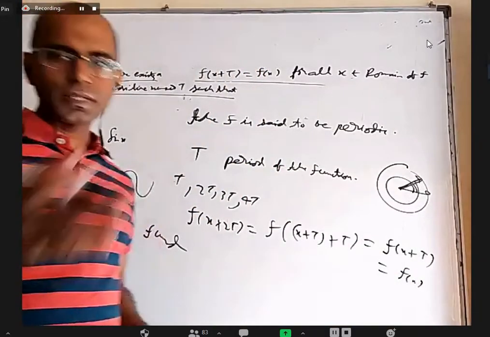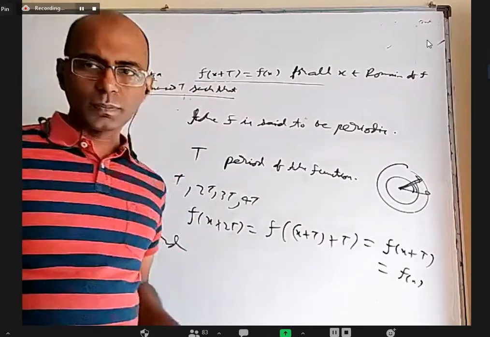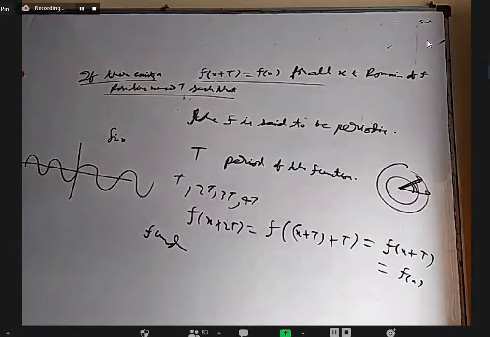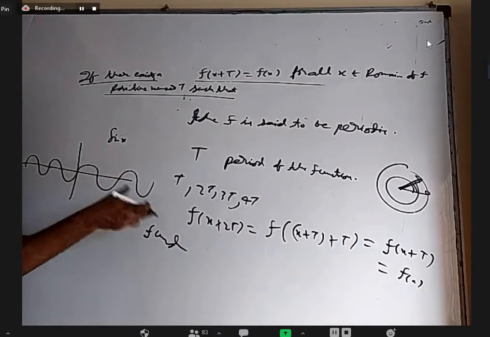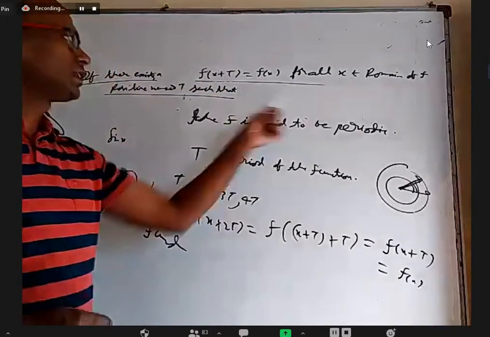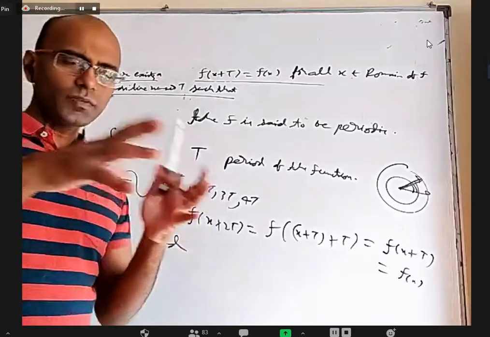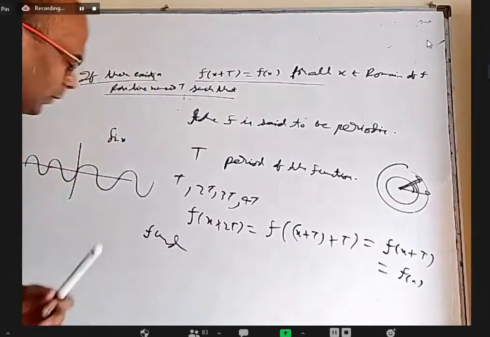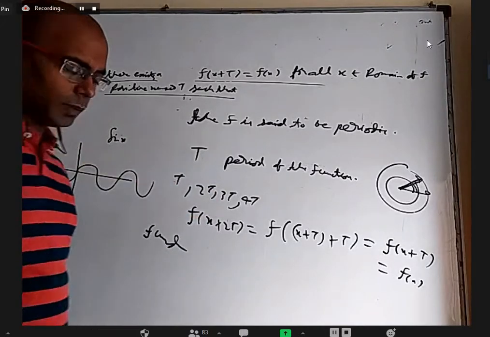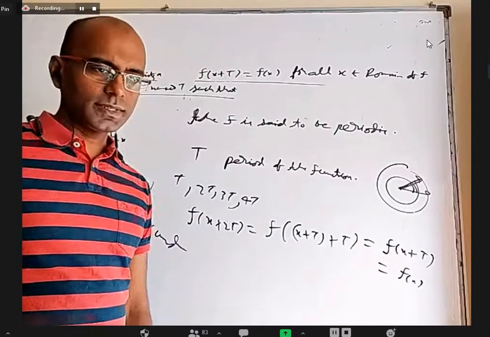So sin of 360 plus theta is sin theta, cos of 360 plus theta is cos theta, tan of 360 plus theta is tan theta. Because of that, or from the graph, you can see after every 2 pi it repeats. Another way to define periodicity, not the algebraic way like this: if you draw the graph of that function, you'll find a particular element repeated by copy and paste of the same size, same length.